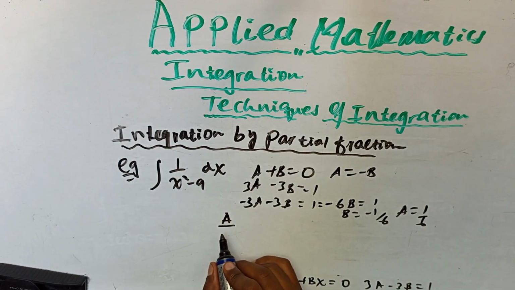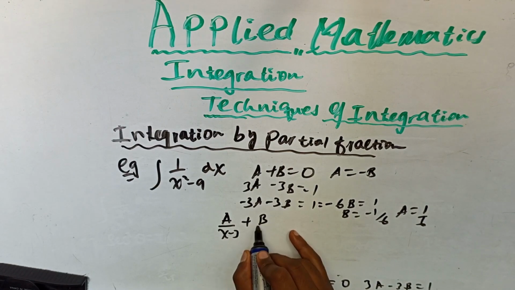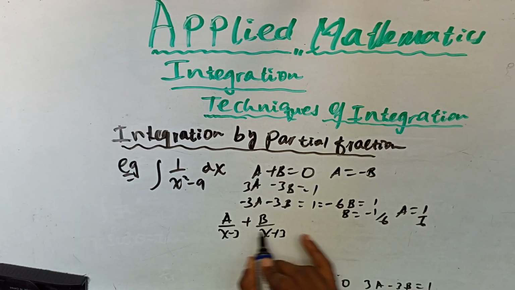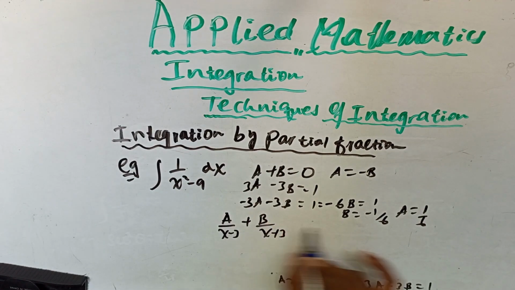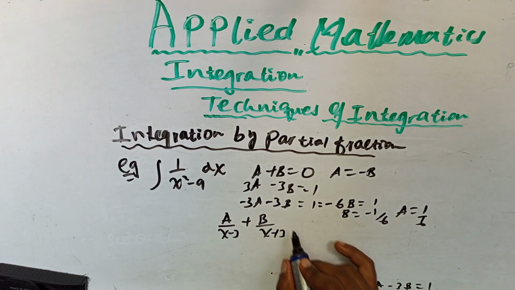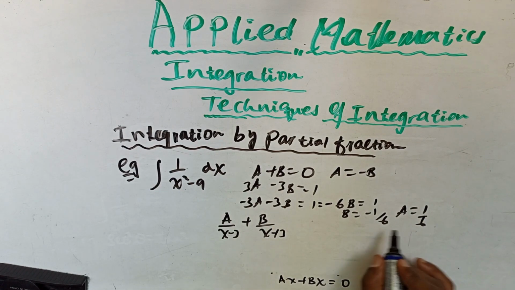1 over x squared minus 9 is equal to A over x minus 3 plus B over x plus 3. We substitute the value of A as 1 over 6 and the value of B as minus 1 over 6.